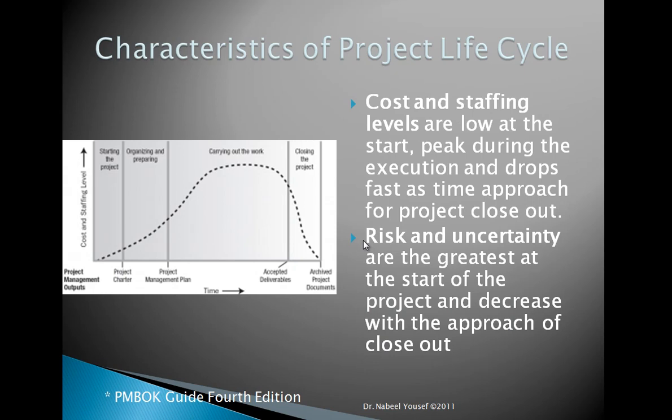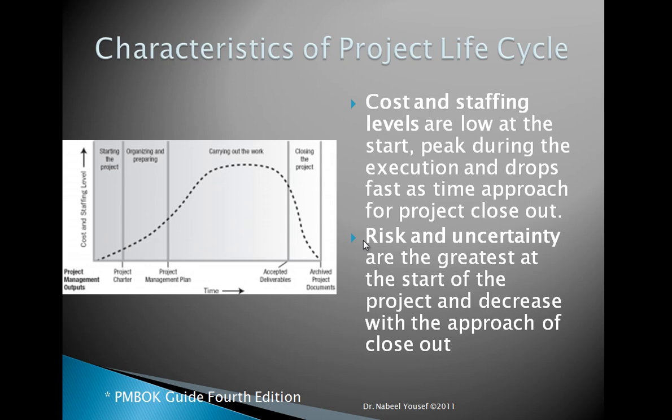If we look at the graph here, which I got from the Project Management Body of Knowledge guide, the 4th edition, you will see that at the beginning the cost and staffing levels will be very low and start climbing up to be the maximum during the execution or carrying out the work, and then they will start dropping fast as time approaches project close out.